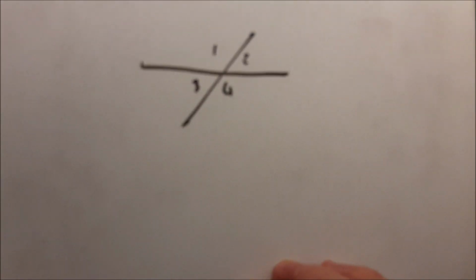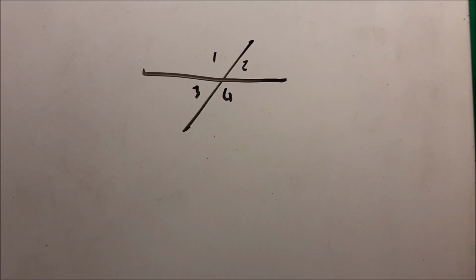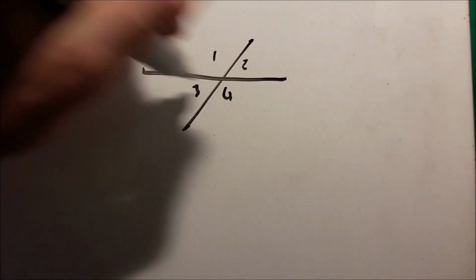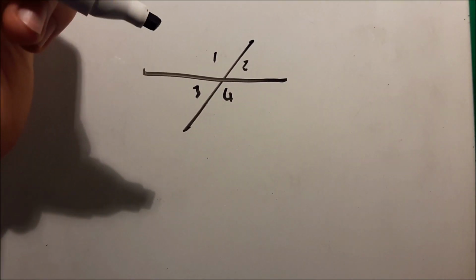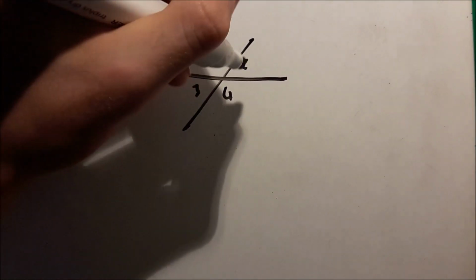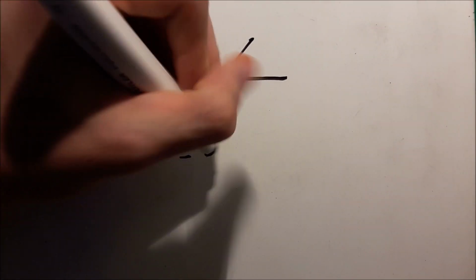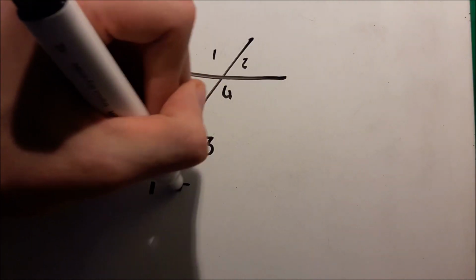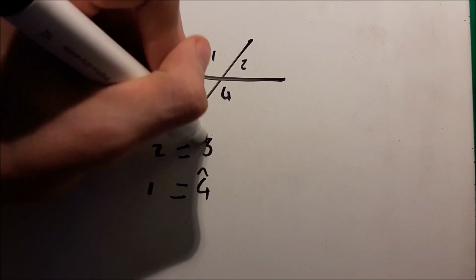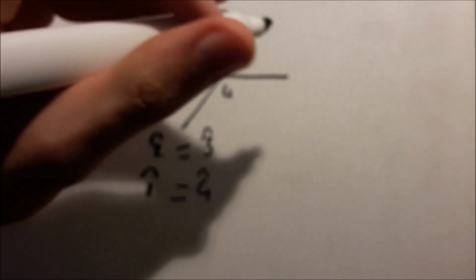These are straight lines. One of the first things that we can say is that angle 2 is equal to angle 3 and angle 1 is equal to angle 4.